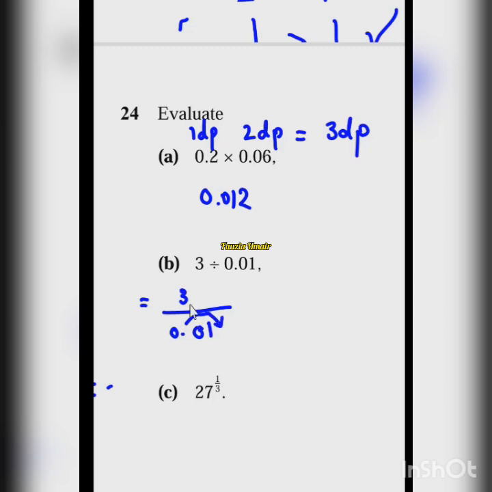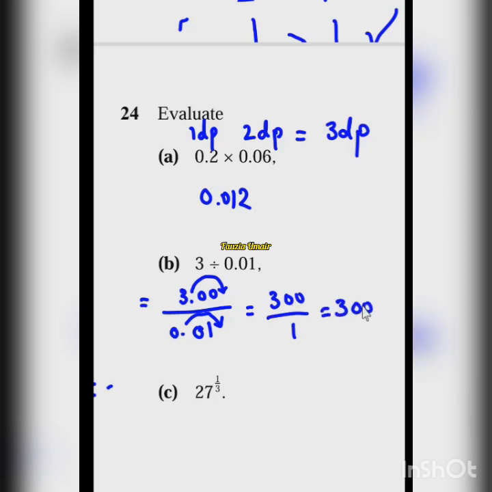So the decimal in 3 is here, invisible, but it is at the end of the digit. So I can take this 2 steps ahead also. For that, I need 2 zeros. So I will put 2 zeros and I will take this decimal 2 steps ahead. So I can do that in decimals, all right? So it is 300 by 1, and my answer is 300.